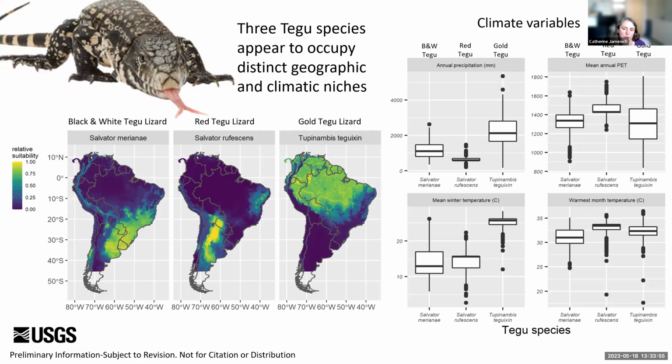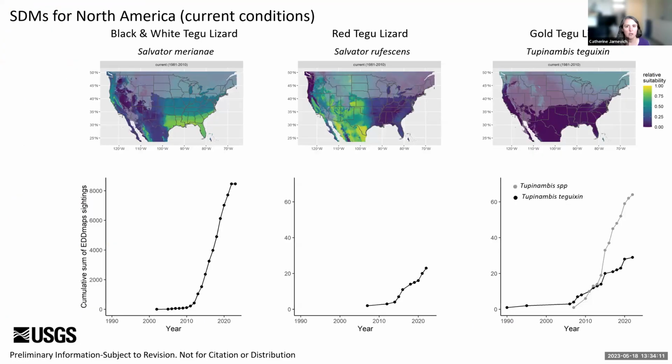And so the predictors that we ended up considering for this were annual precipitation, mean annual potential evapotranspiration, mean winter temperature, and the warmest month temperature. And so we developed those models for South America.